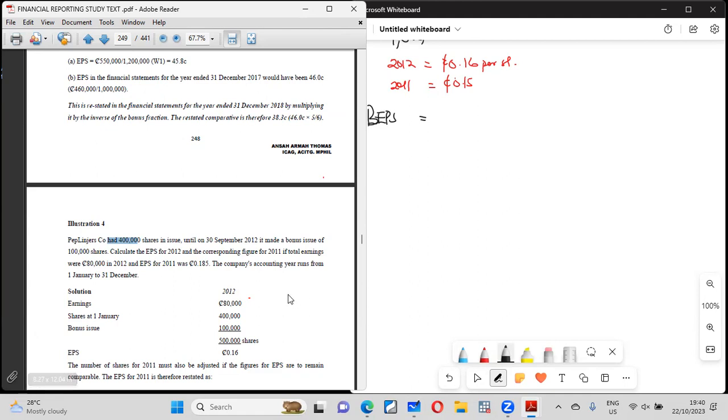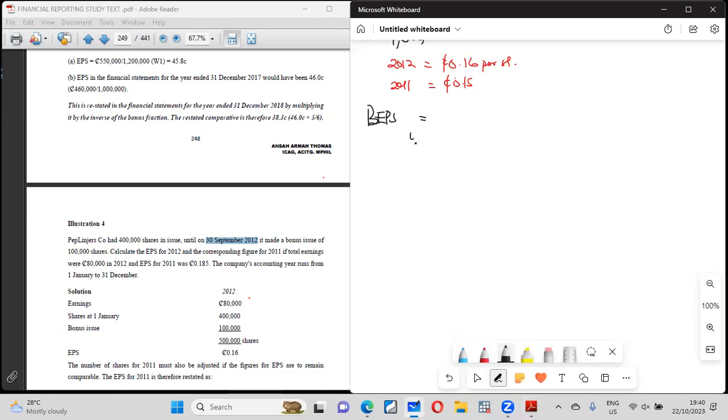Okay. So what you can do is that their financial year ends 30th December every year per the question. It ends December, but the issue was done in September. So it tells you that if you want to go the other route, it will tell you that 2012, they did this thing in September, so it will be end of September.